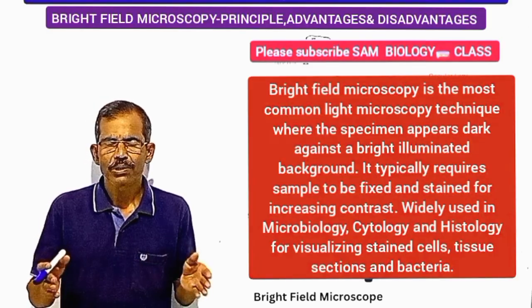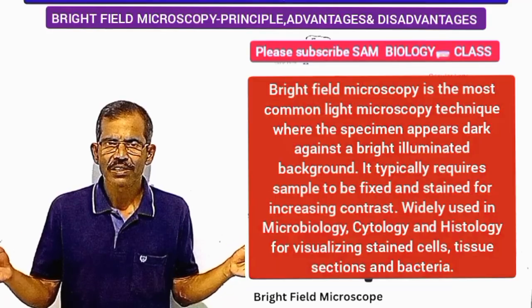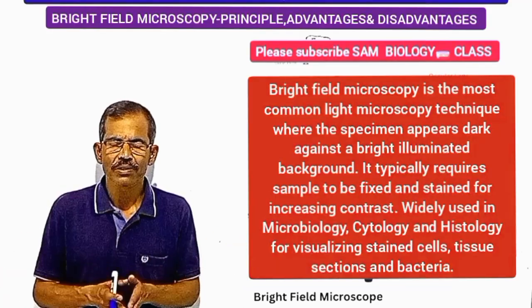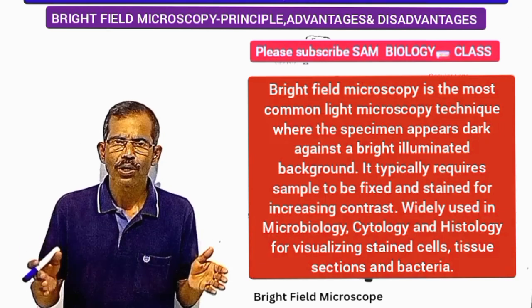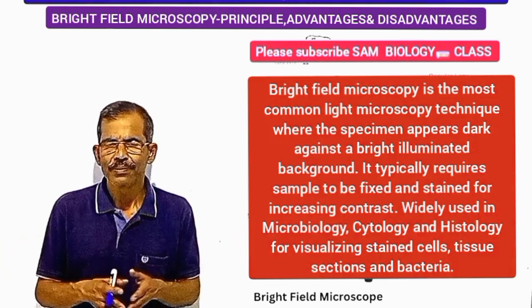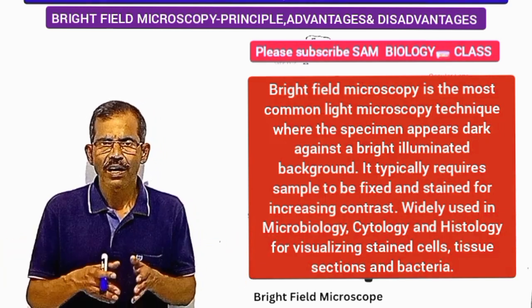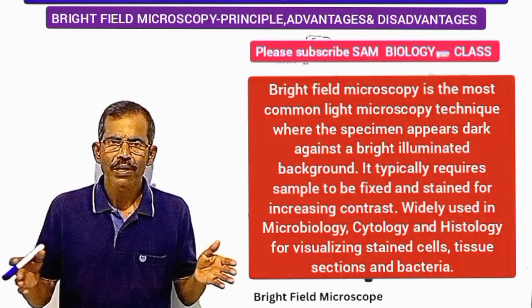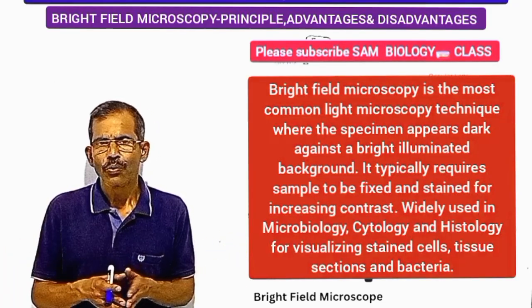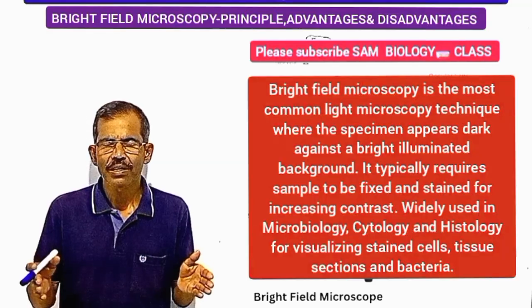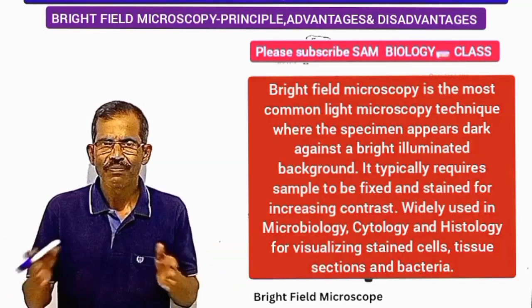Most biological samples are colorless because their constituents, primarily water, protein and lipid, do not absorb visible light. Instead, they allow all wavelengths of visible light to pass through directly without being significantly absorbed or deflected.